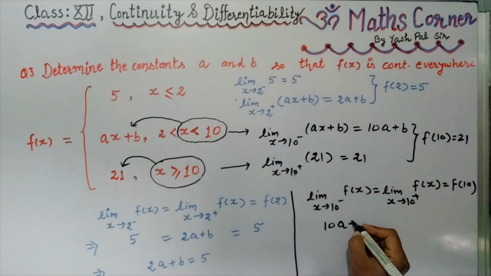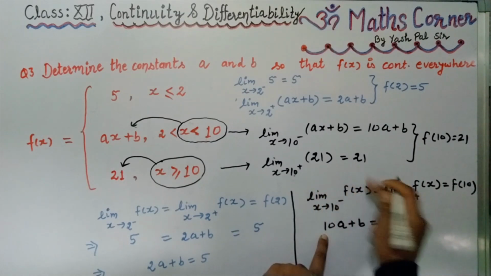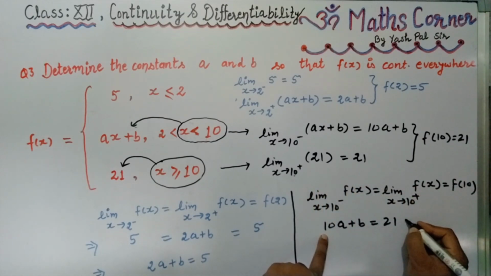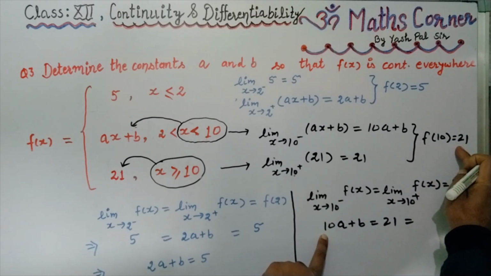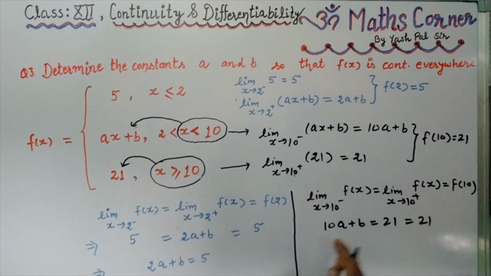The left-handed limit is 10a plus b, the right-handed limit is 21, and the functional value is also 21. From these we get the relation 10a plus b is equal to 21.